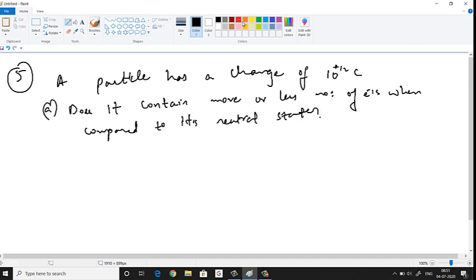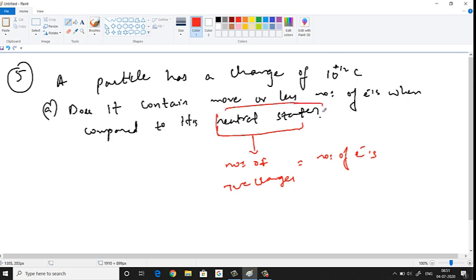What do you think? So see, I have told you already that in the neutral state, the number of positive charges will be equal to the number of negative charges. The number of positive charges will be equal to the number of electrons basically, right? In the neutral state. Okay. But here a particle has a charge of plus 10 power 12 coulombs.